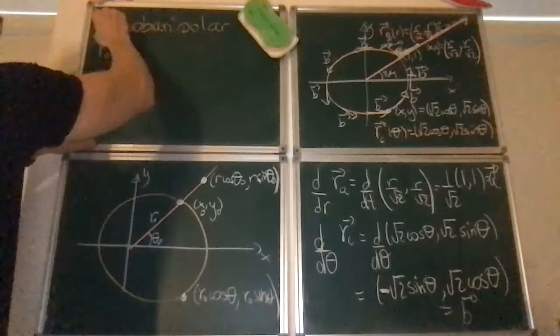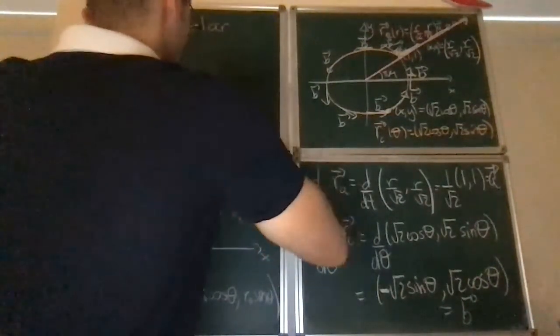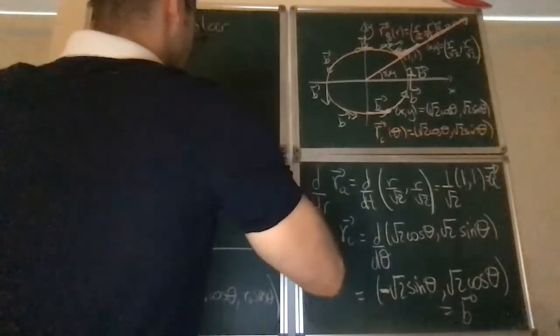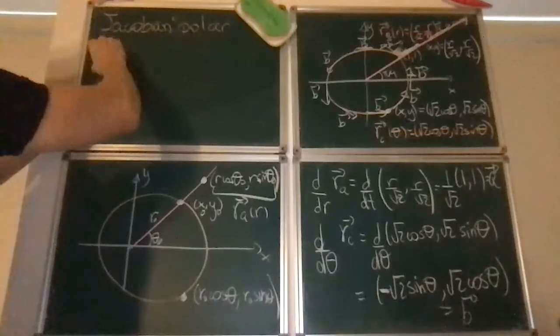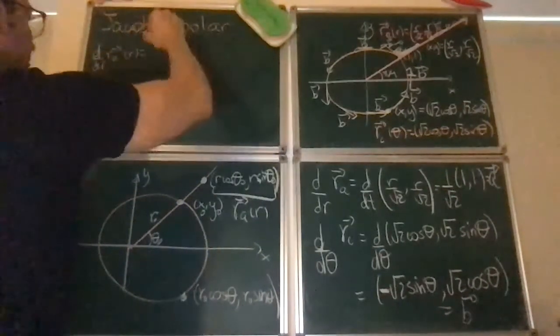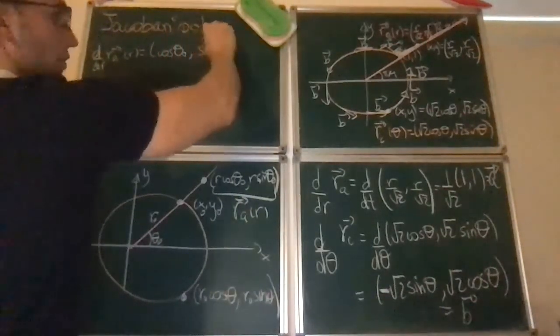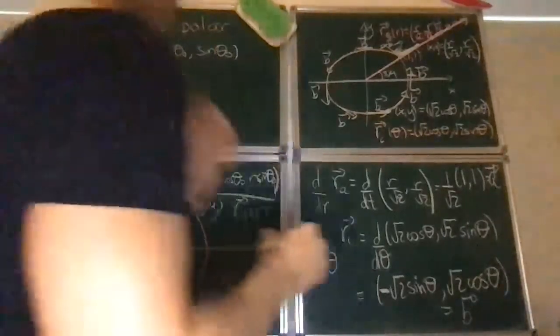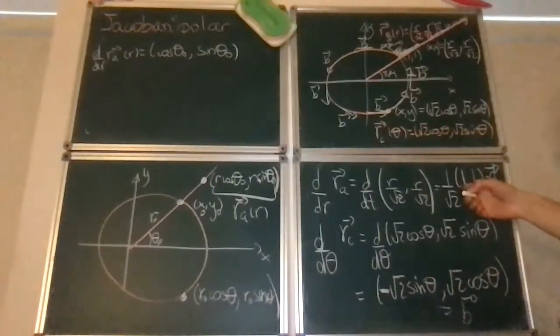You still have a vector r sub a. This is what we were calling r sub a of r. Okay, the derivative with respect to r of r sub a of r happens to be still cosine of theta naught, sine of theta naught. So it's just a generalization of this case. It's just that here I had evaluated when theta naught equals pi over 4.